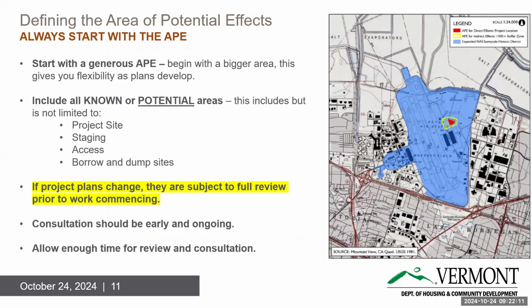And this includes not just your project site, but your staging areas, your access areas, your borrowing and dump sites. If you're looking at a bridge, the APE would not just be the bridge that you're going to be replacing, because you know you're going to have to bring in a bunch of trucks and equipment, and you're going to need that staging area. And how are you going to get to that access?